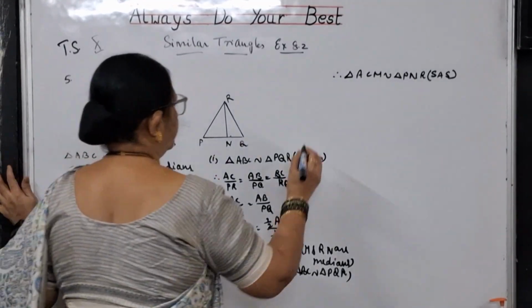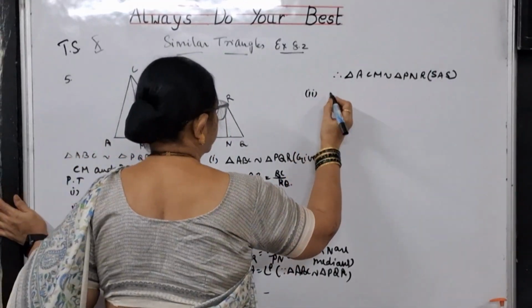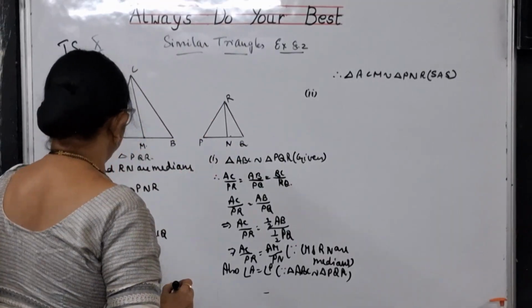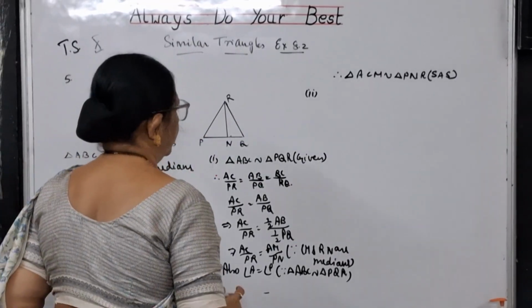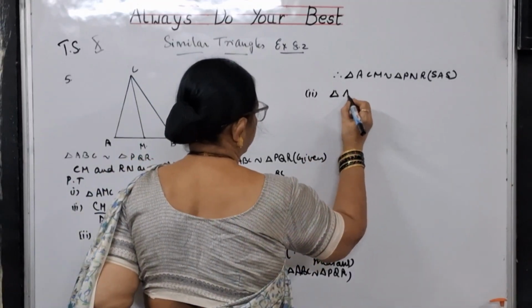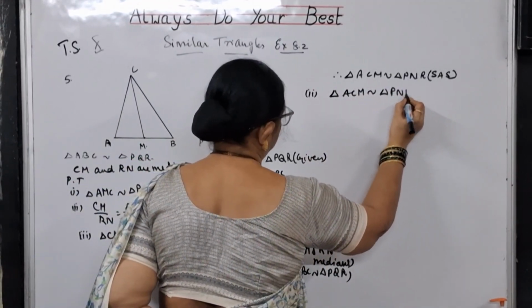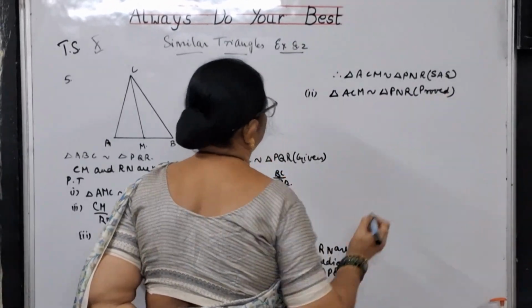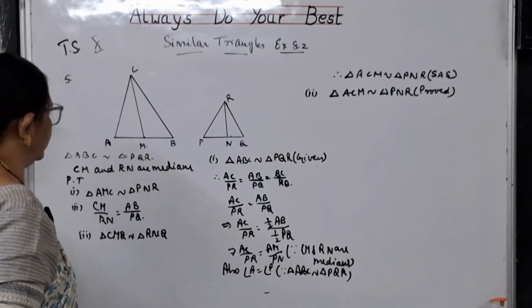And the second bit, what they are asking, you need to prove that CM by RN is equal to AB by PQ. Now we know that triangle ACM is similar to triangle PNR. Just now we have proved. When they are similar, their sides are proportional.